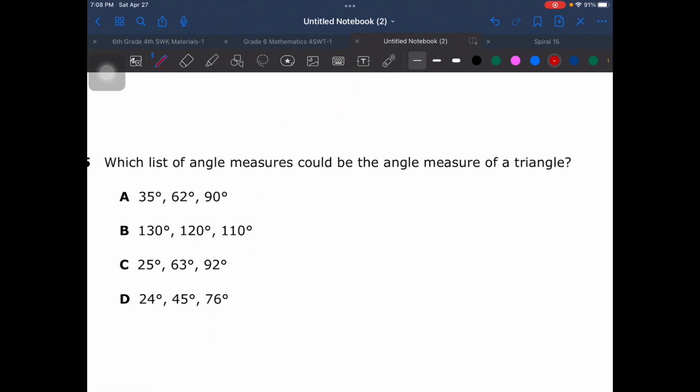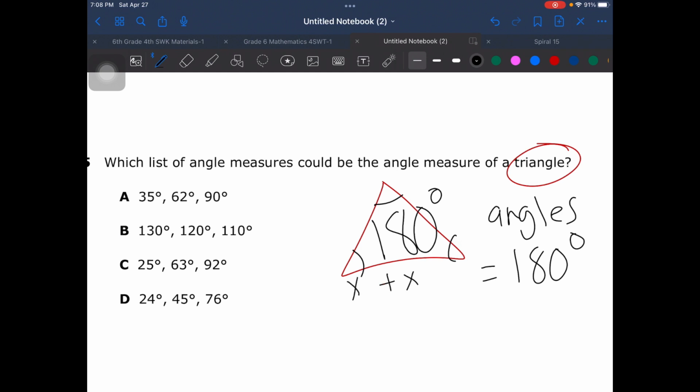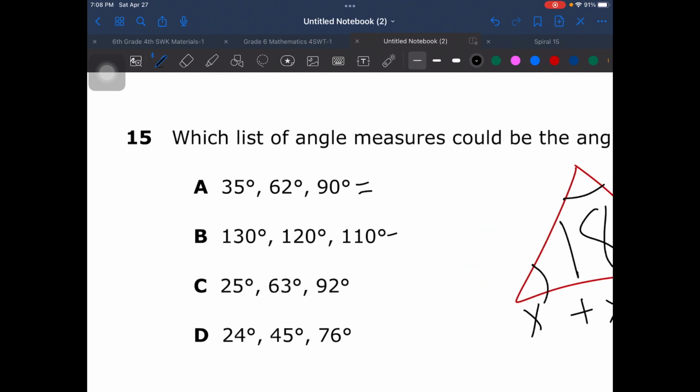Which list of angle measures could be a triangle? So, triangle, un triángulo siempre tiene que sumar a 180 grados. So, the angles, chicos, los ángulos. Cuando tú los sumes, tienes que sacar 180 when you add it. So, you add all of these.